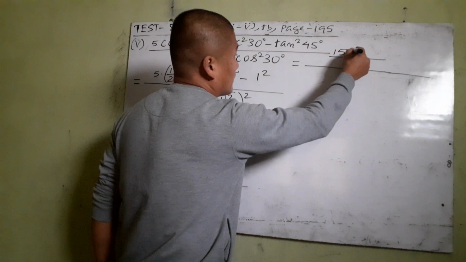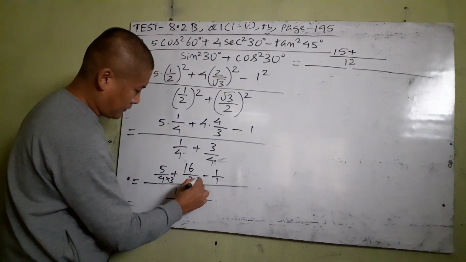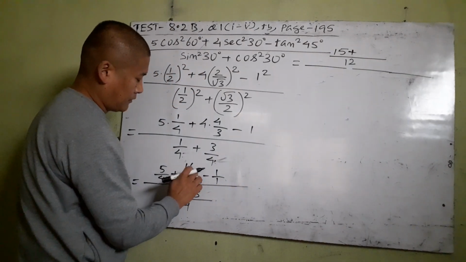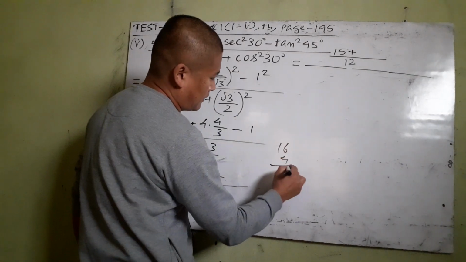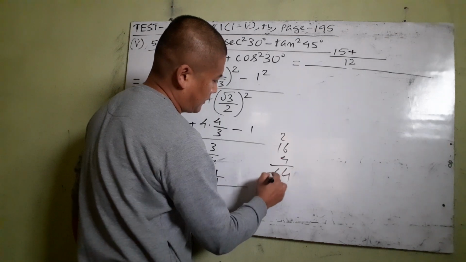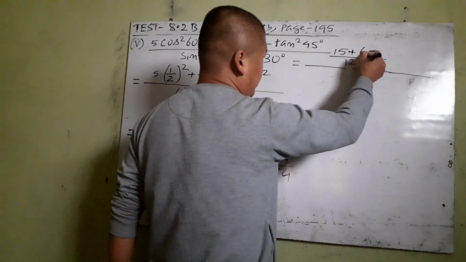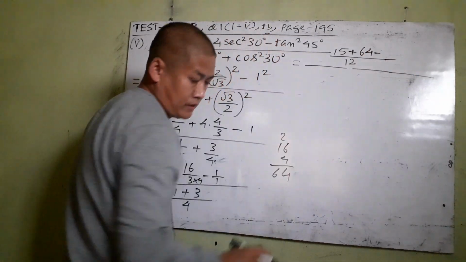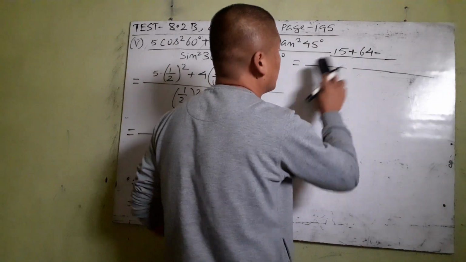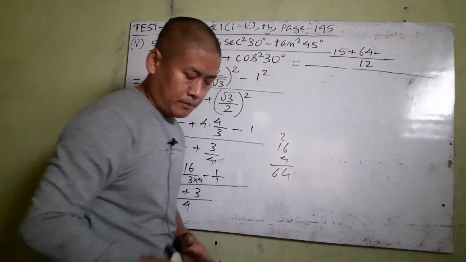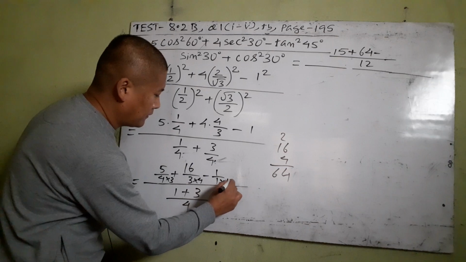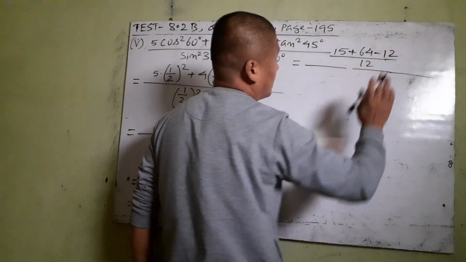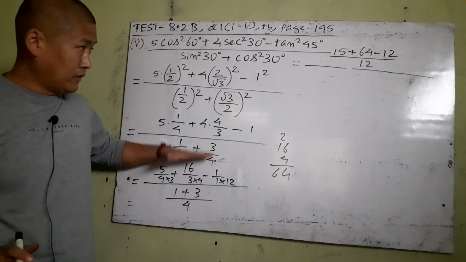Next is a plus, and 3 denominator, 4s are 12, 3 4s are 12, 4 6s are 24, 2 in hand, so 64. Next is a minus sign, and then put it here if you want 12. So 1 into 12 is 12. So we're done with what is above the long line.